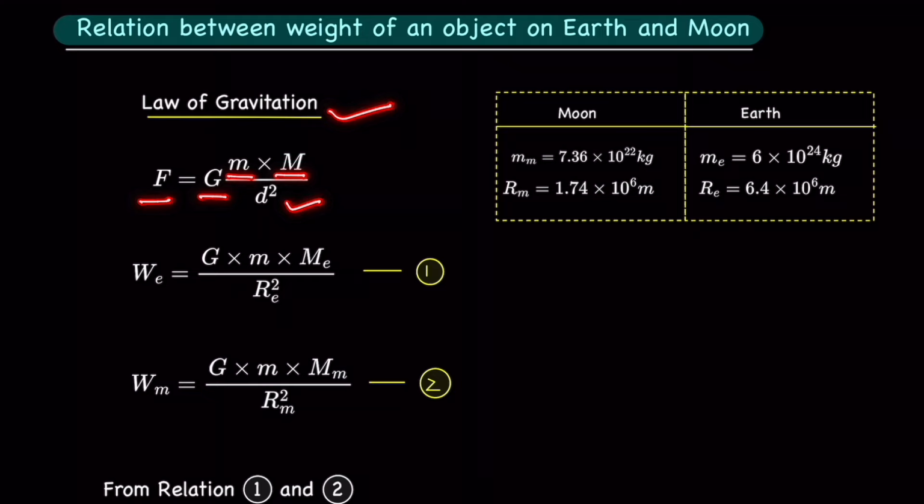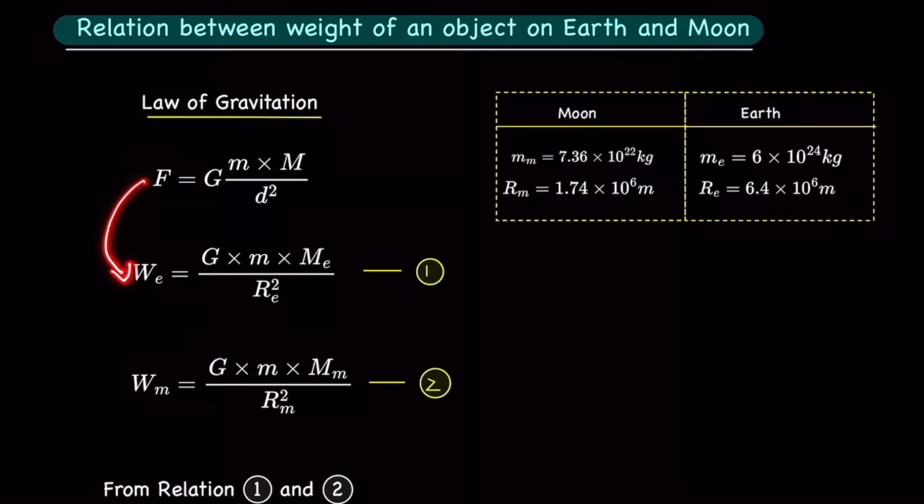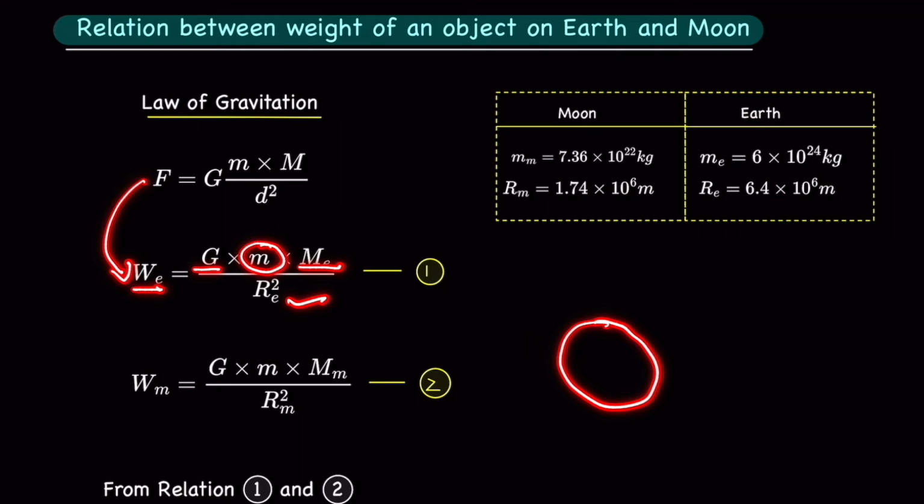Here the gravitational force we will convert to the weight of the body on earth. So WE, the weight of the body on earth, is equal to capital G, mass of the body, mass of the earth divided by the square of the radius of the earth. Why did we take the radius of earth? Because we assume that the body is on the surface. When the body is at the surface, its distance from the center is the radius.